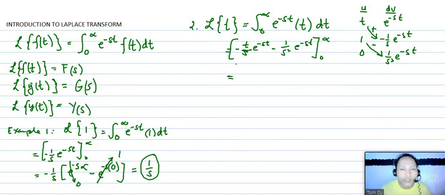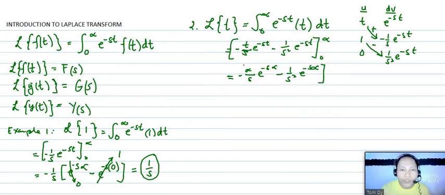So that is equivalent to our infinity t. You have here upper limits, that is negative infinity. Instead of writing t, we will use infinity over s, e to the negative s times infinity, minus 1 over s squared e to the negative s times infinity.